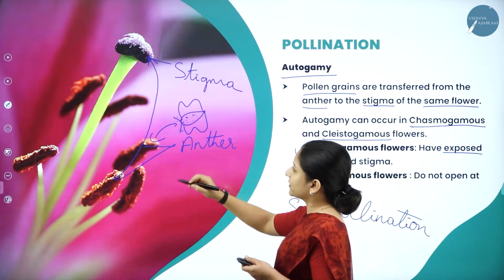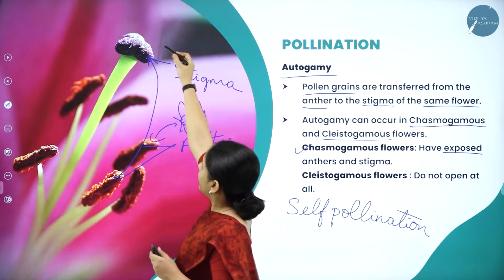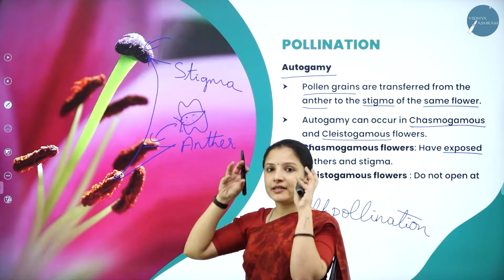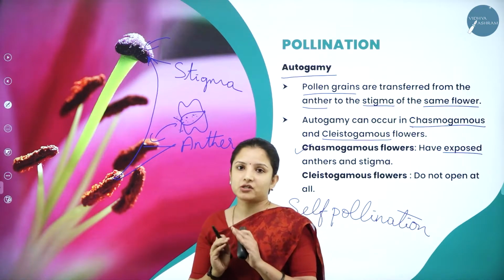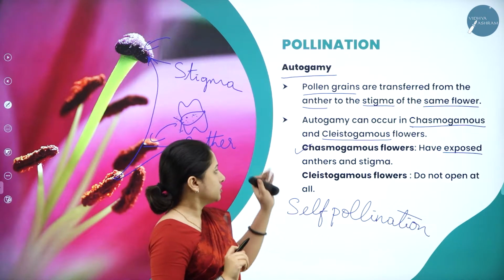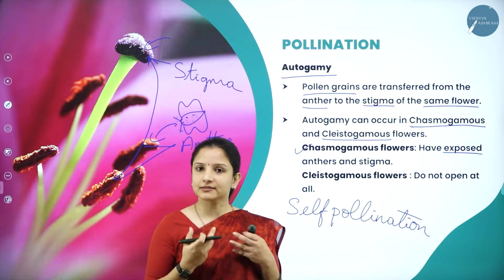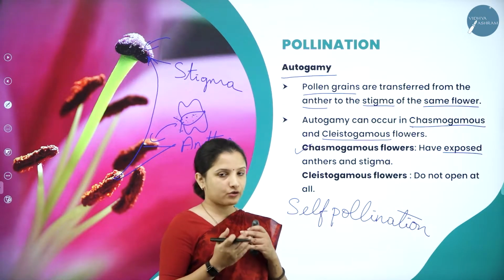Once the pollen grain sticks on the body of the butterfly, it moves up and sits on this particular stigma. The pollen grains will get deposited on the stigma of the same flower. So it is easy pollination. That is why it is also called self-pollination. So chasmogamous flowers have exposed anthers and stigma to facilitate self-pollination or autogamy.